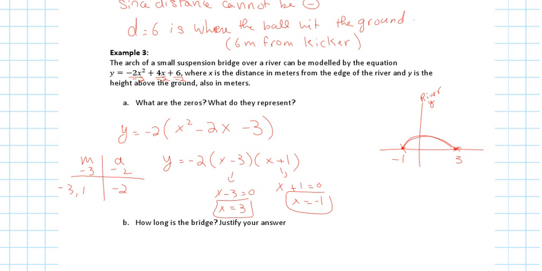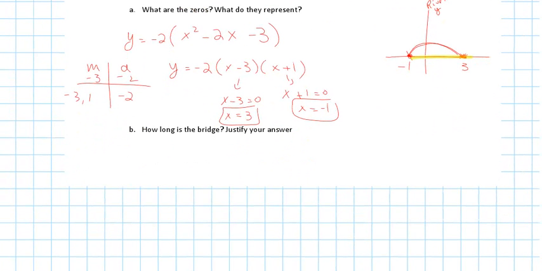Does this picture make sense to you? Okay. Now, how long is the bridge horizontally? 4 meters long. The bridge starts here and ends here, so my whole bridge is horizontally 4 meters long. How do we know that? It started at -1, not at 1.